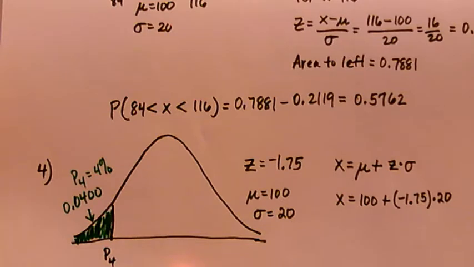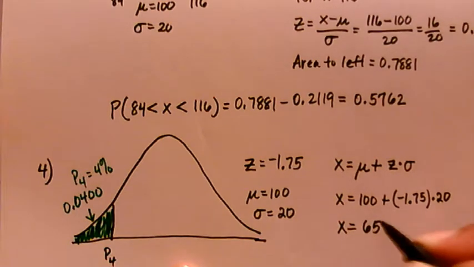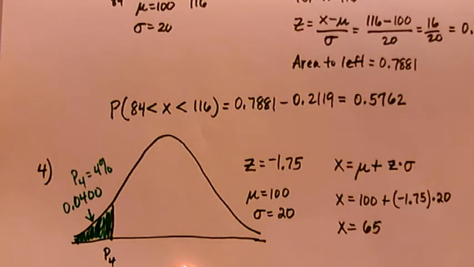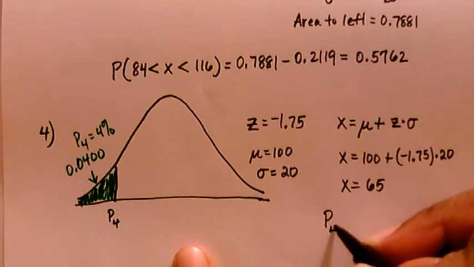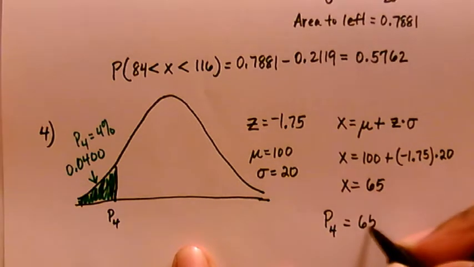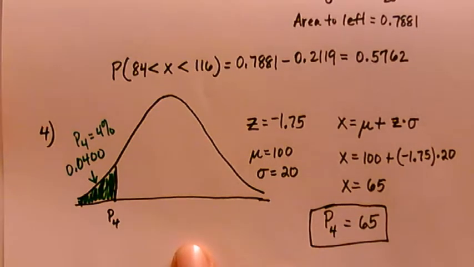So 100 plus negative 1.75 times 20, that you can type into the calculator, you'll get X is equal to 65. Now that X equals 65 represents the value of the 4th percentile. So in this case, we can conclude that P4 is 65.